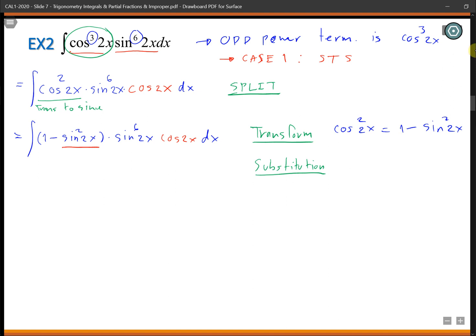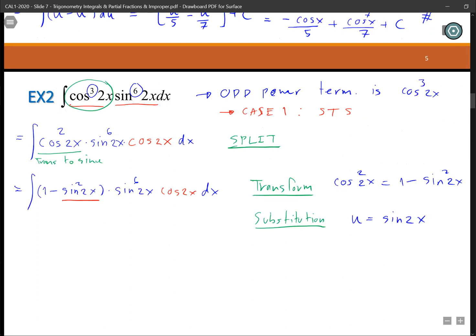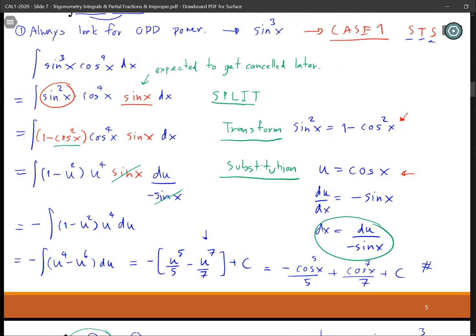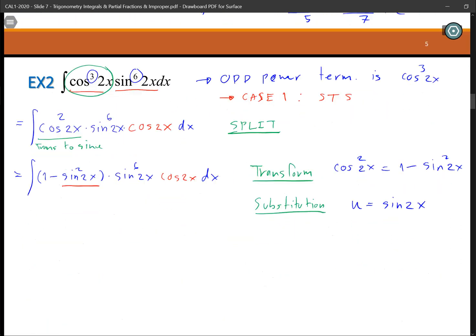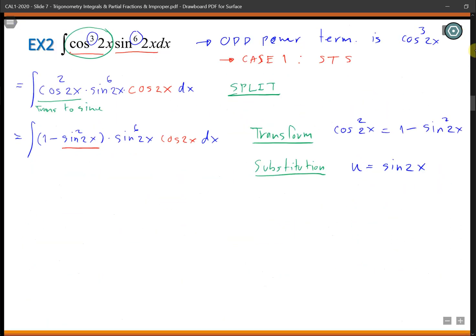And in this case, we want to put u equal to sine of 2x. Okay, so it's going to be a little bit different from the example one when u equal to cosine of x. But if you follow the guideline, you're going to see why we have to use sine here. It's because the term with the odd power is cosine.